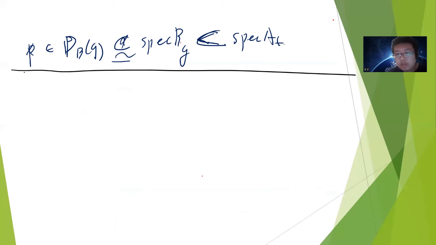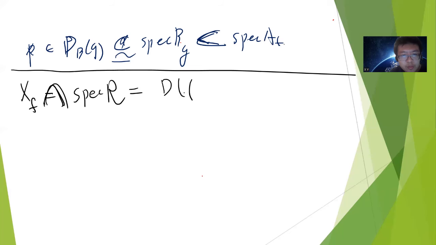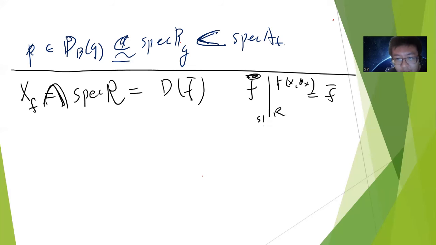Let's use the previous lemma. We have X_f intersected with Spec R is D of f bar, where f bar is f restricted to Spec R. Now let's play around with it.